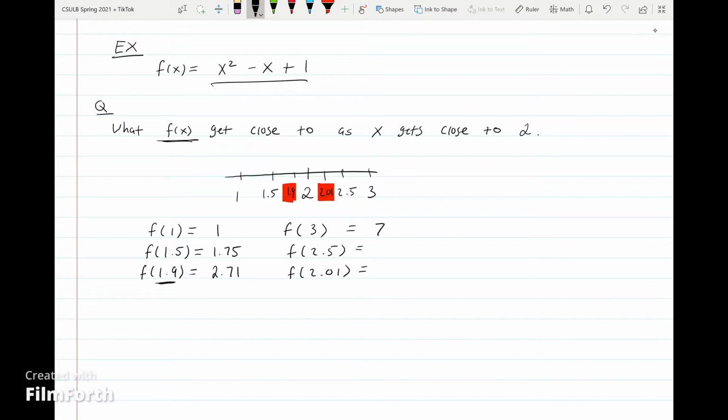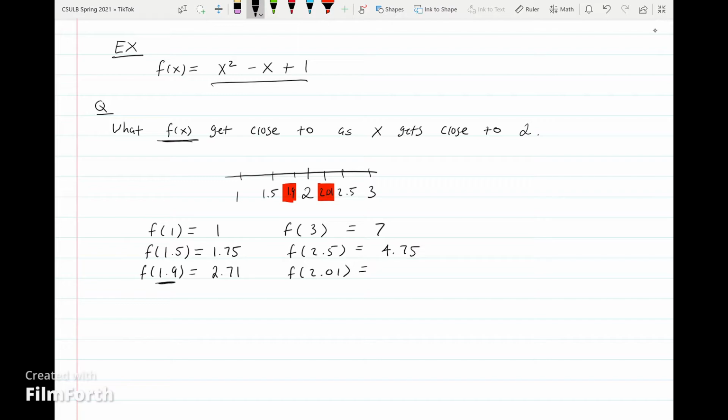What does f get close to? It's not very clear. It looks like over here the numbers are getting larger, and then over here the number's very large. So did they keep growing? Or did they stop, and then over here they're going to get smaller and approach some number? We'll see. f of 2.5 is 4.75.